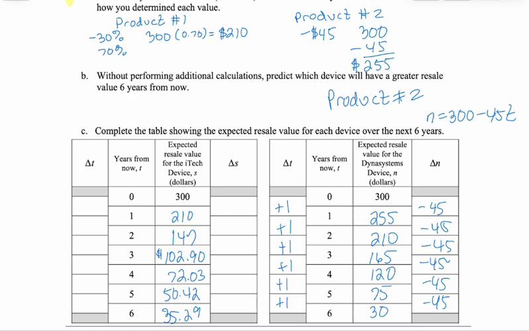Okay. Now let's look at product number 1 for a moment. And I want to show you what's happening. It's a little different. It's weirder, okay? Yes, we went up by 1, up by 1, up by 1. That's not changing. But our delta S is not going to have that exact perfect constant rate of change. So let me show you what happened. Here it went down by 90. Here it went down by 63.